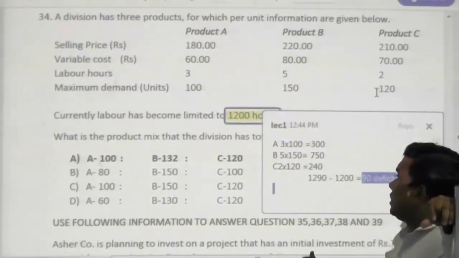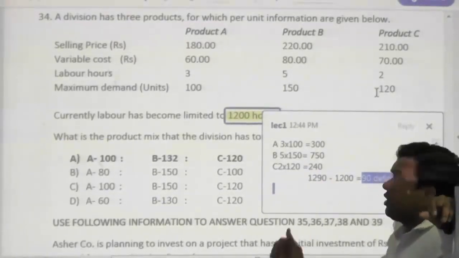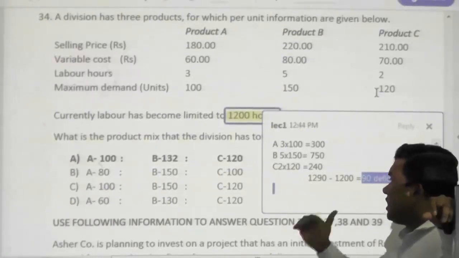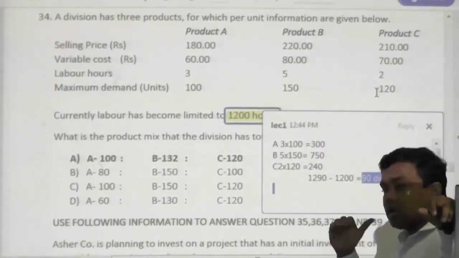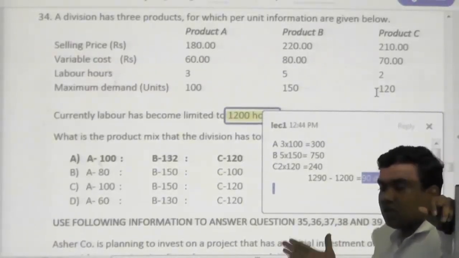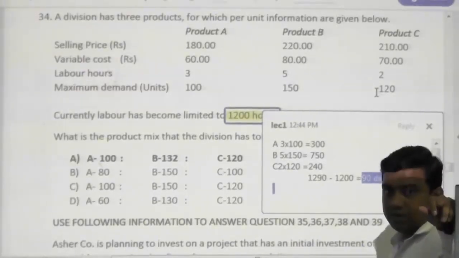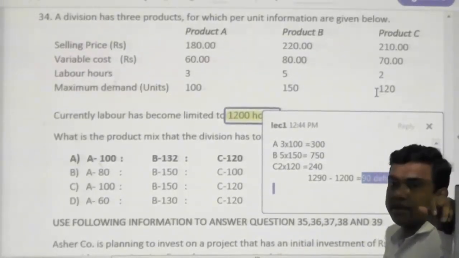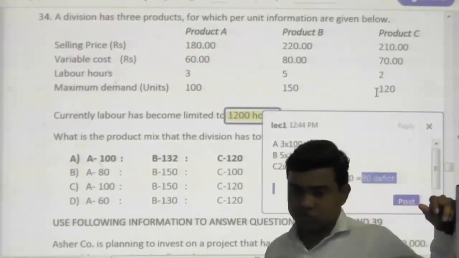Then find out how many limiting factors are required for each product. Then calculate contribution for each limiting factor. This is step 3. Then based on the contribution for each limiting factor, you can rank the product from highest contribution per limiting factor to lowest. Then based on the ranking, plan your production as discussed in this question.